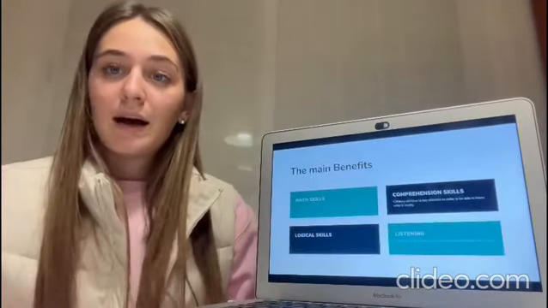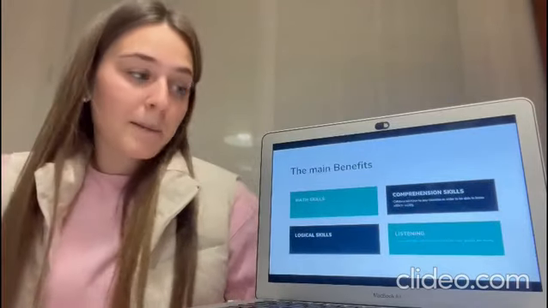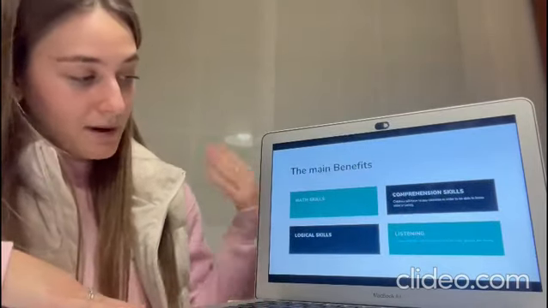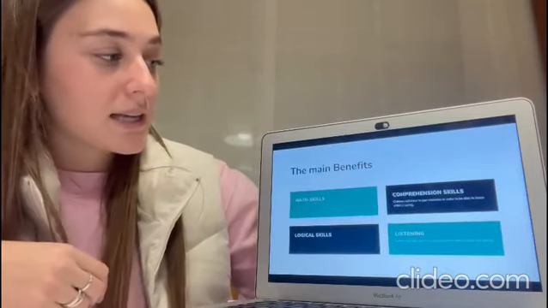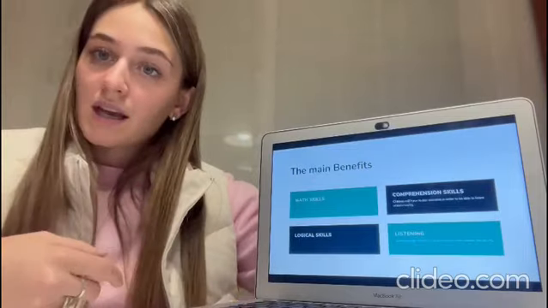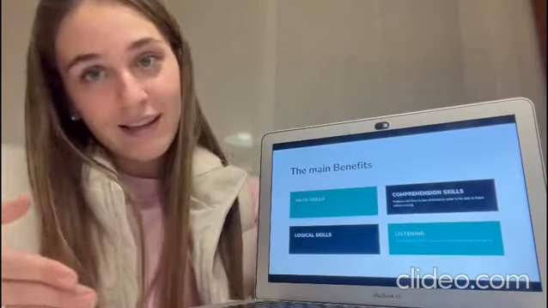Okay, the next point is the main benefits of music, and the main benefits are math skills and logical skills, also comprehension skills, since children have to pay attention to music in order to understand and comprehend it.